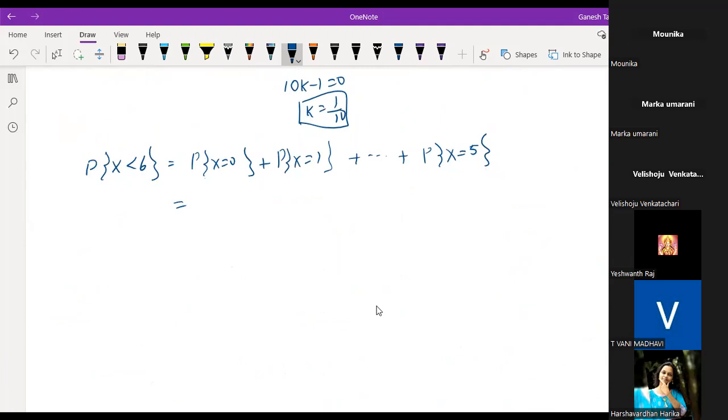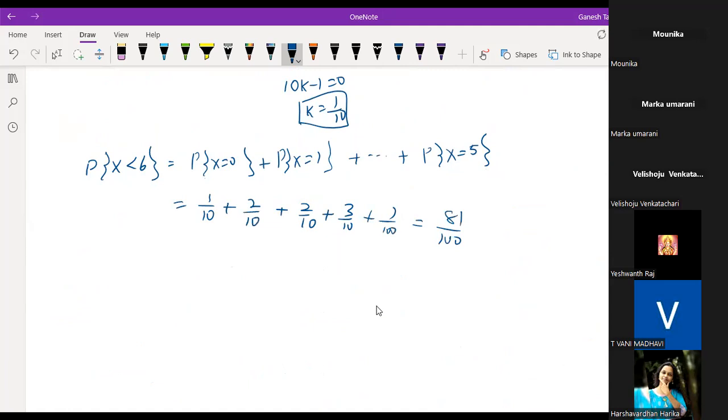Similarly, here for x equal to 0 it will be 0, and for x equal to 1 it is 1 by 10. Then 2 by 10, 2 by 10 plus 3 by 10 plus 1 by 100, that you can get 81 by 100.